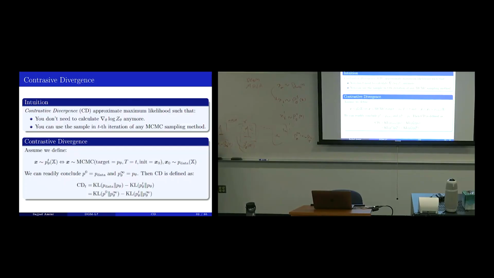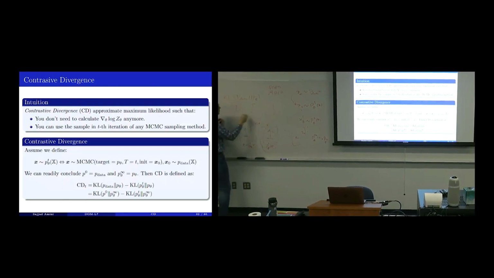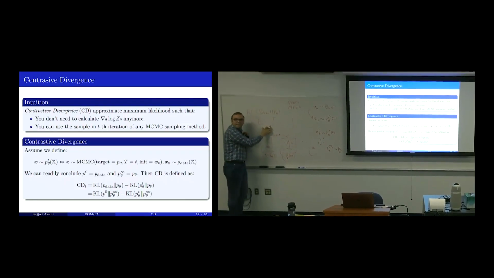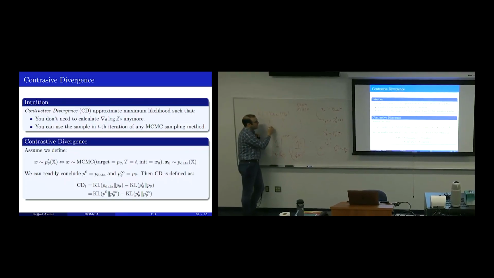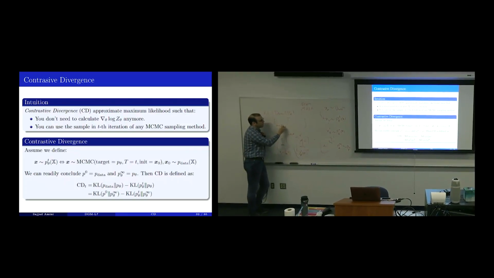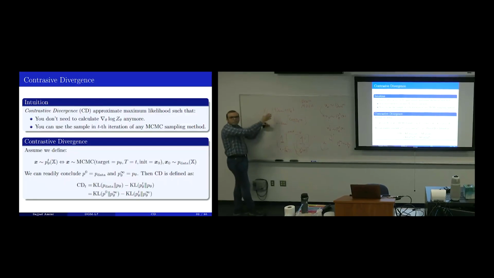We have previously shown that the KL between the data and theta, what is it? It equals what expectation? Expectation of something with respect to something. What is here? Yeah, x coming from p data of log of p theta of this x. We know that they are equivalent.